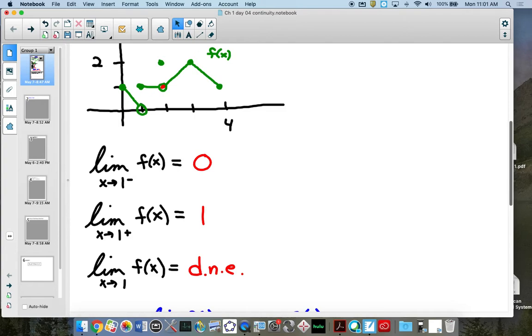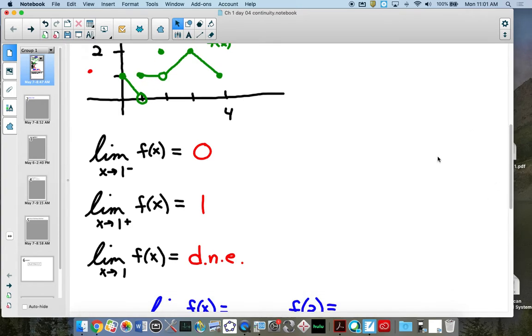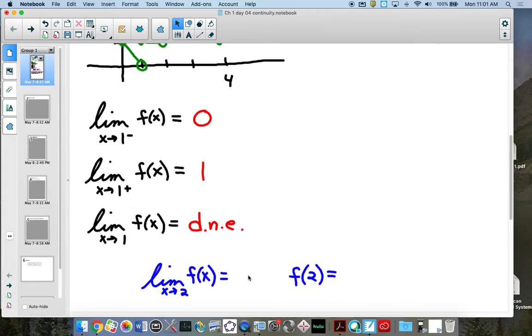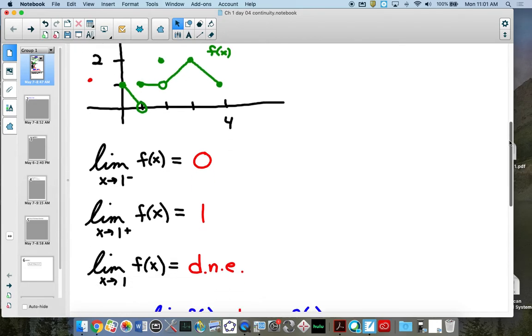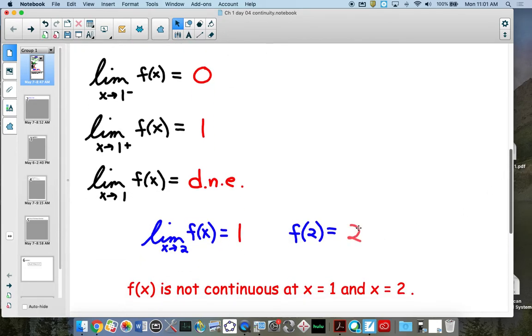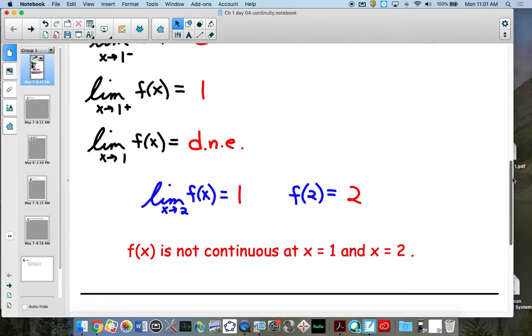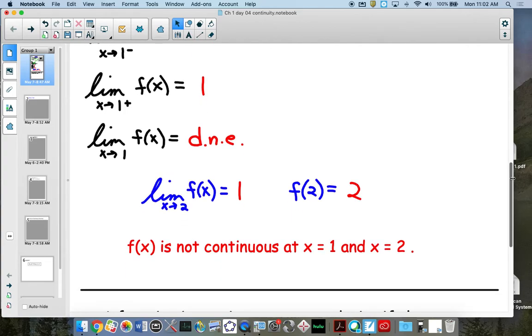So in both cases, our left and right-hand limits are the same. So the limit as x approaches 2 is equal to 1. What is f of 2 though? Well, our function value at x equals 2 is 2. It jumps up. And so this is another case where our function is not continuous. So it's not continuous at x equals 1, and it's also not continuous at x equals 2.